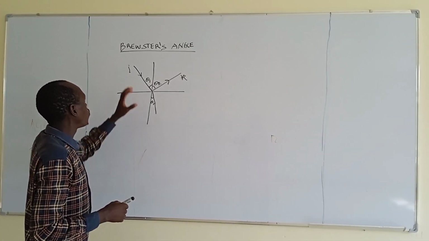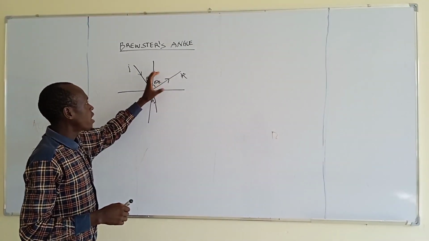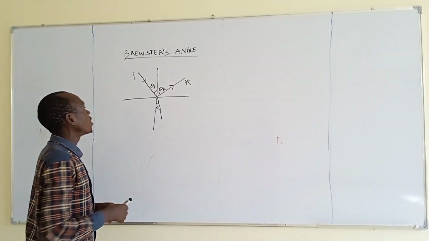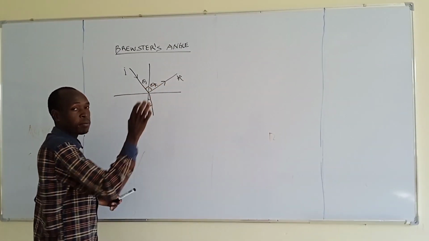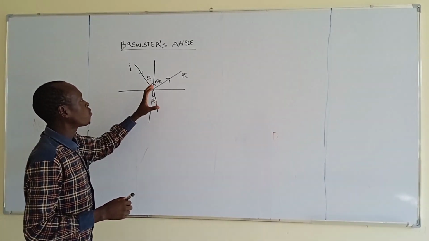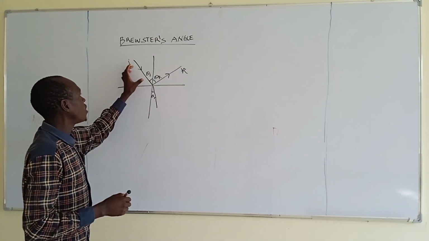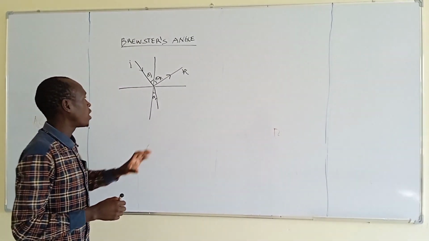We should know that when light strikes the surface of the mirror, after production of the reflected ray, this reflected ray is to some extent polarized. So in Brewster's angle, we are going to find that specific angle at which the reflected ray is completely polarized.